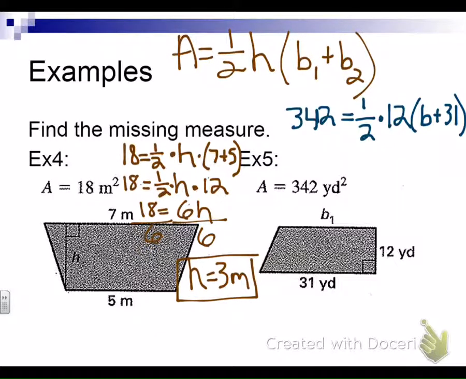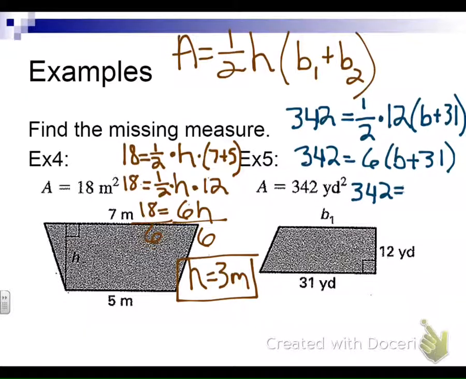Okay, so what we're going to do first, 342 equals 6 times B plus 31. This is a really hard one. So 342 equals 6B plus, what's 31 times 6? 186.